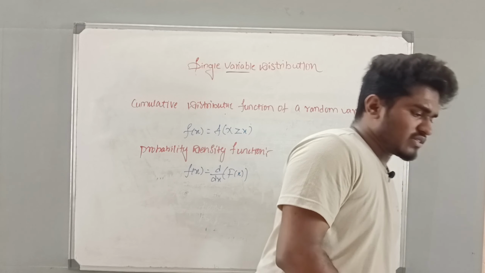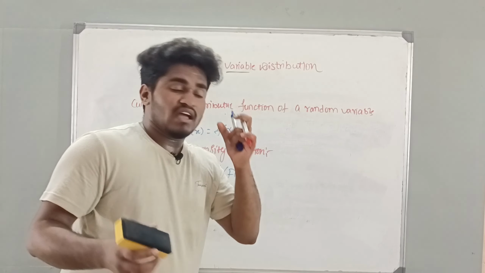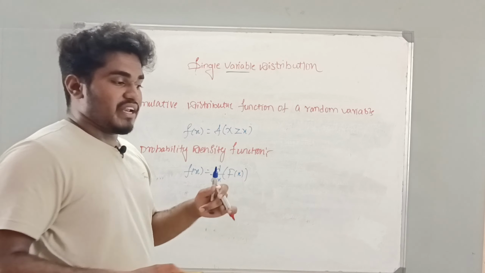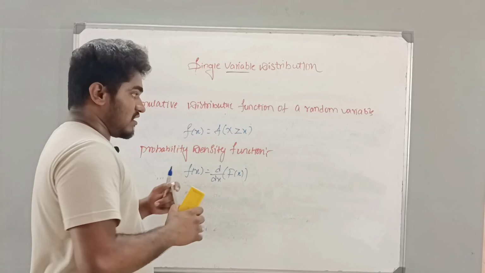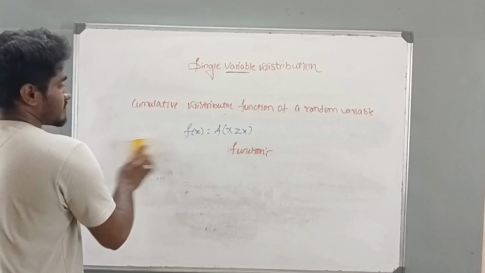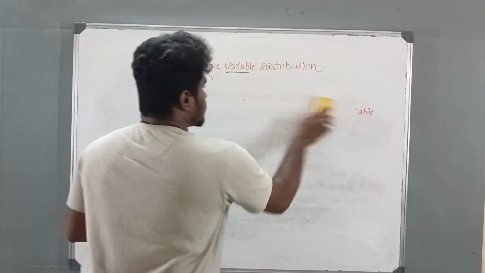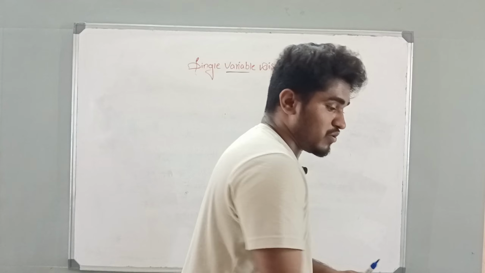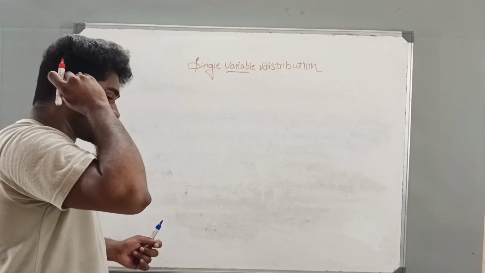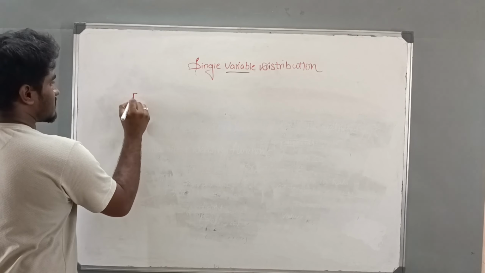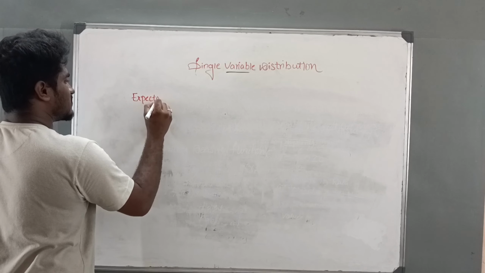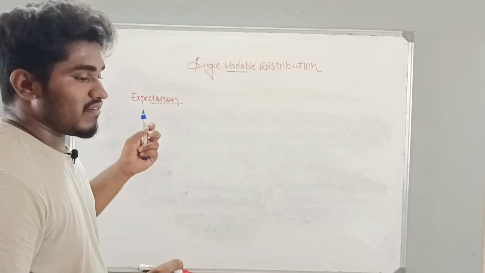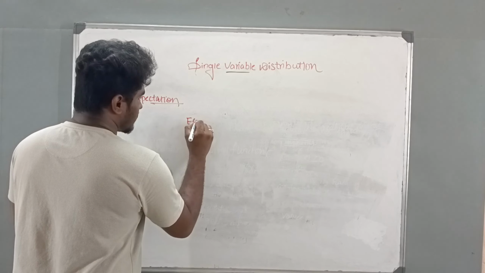Then we have some expectations like mean, variance and standard deviation. We will discuss how to find the mean and standard deviation of discrete random variables. You might be asked what the expectation value of particular data is. First we will see the expectation, that is E of x.